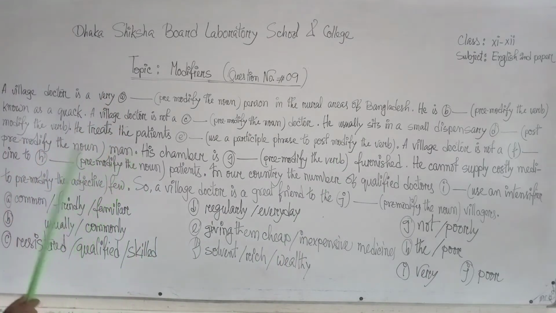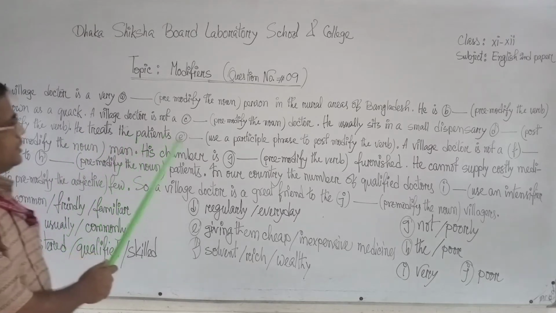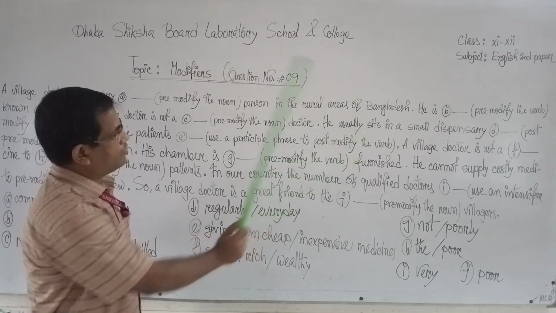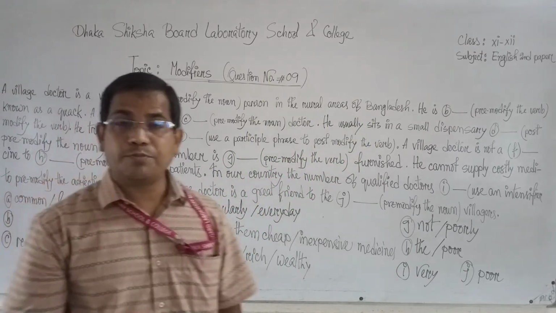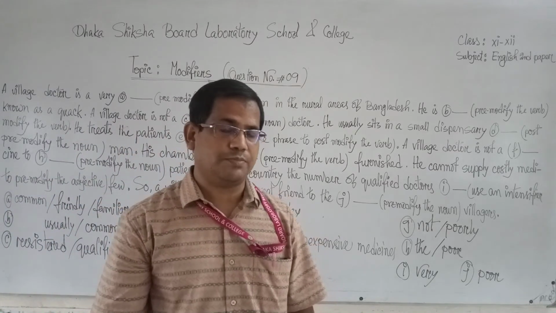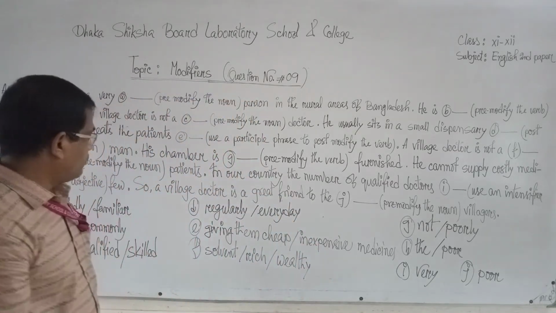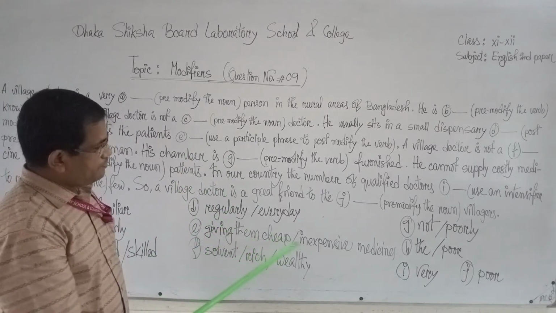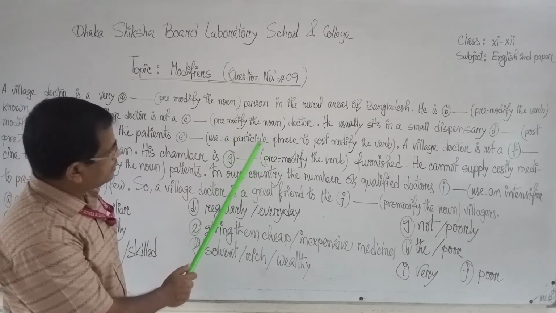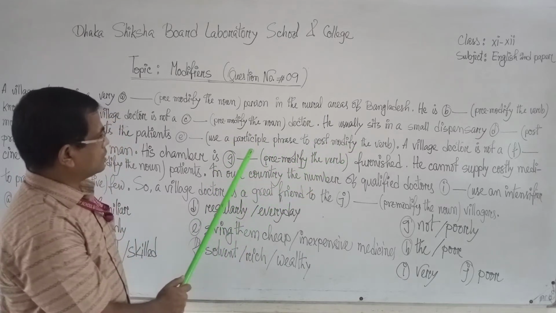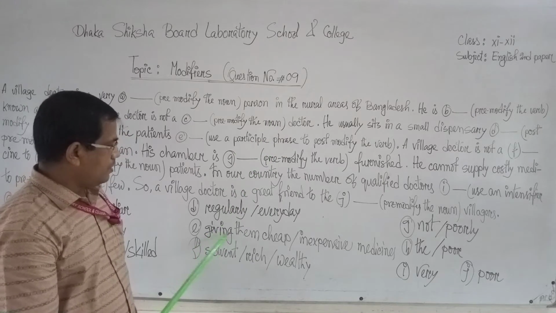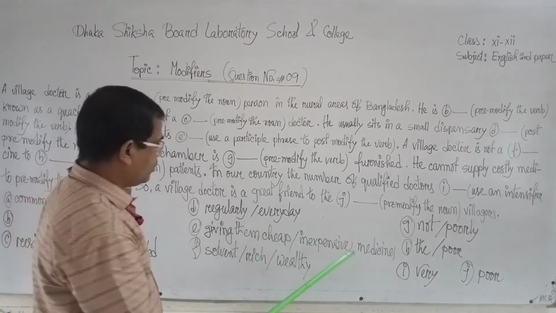Our next item is here. He treats the patients dash. Use a participle phrase to post-modify the verb. Participle phrase: present participle, past participle, perfect participle. The participle we may use here is giving them cheap medicines, as it must be a phrase according to the instruction. That's why with the present participle giving we have to use these words too.